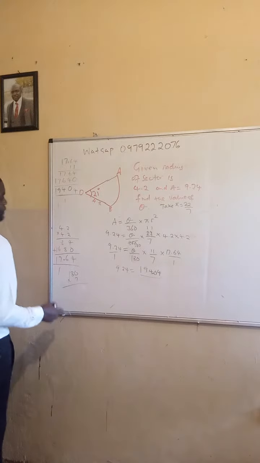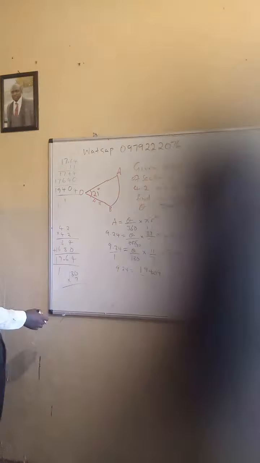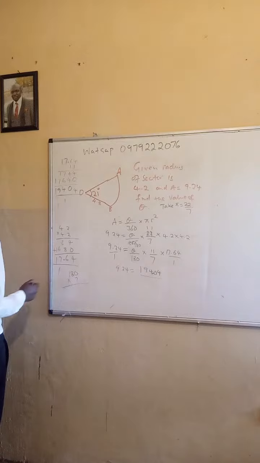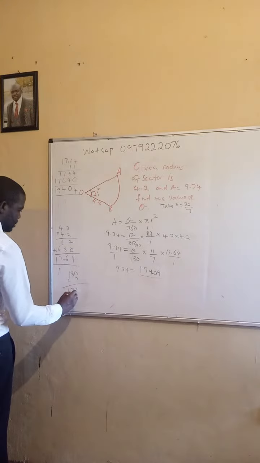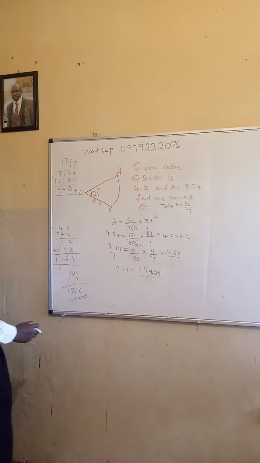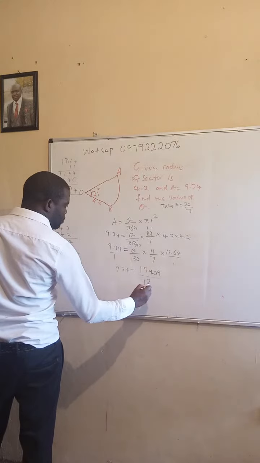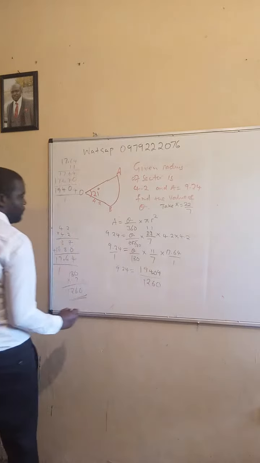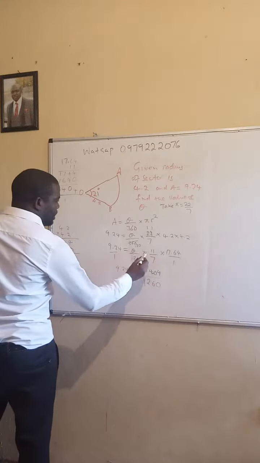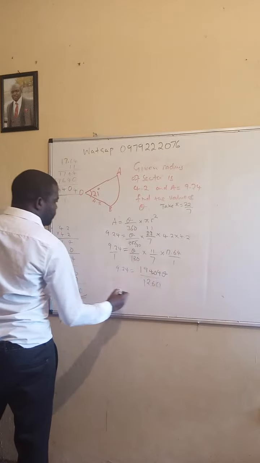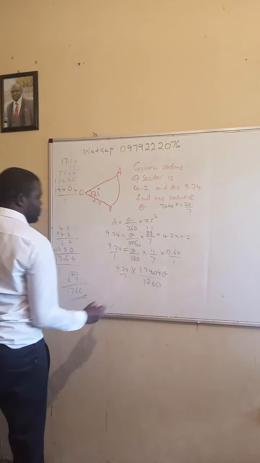As I said, what do you have? Okay. Here, as I said, this. So it will be 1,260. Okay? Or this time, there's theta in front here. Then over, then you cross multiply.